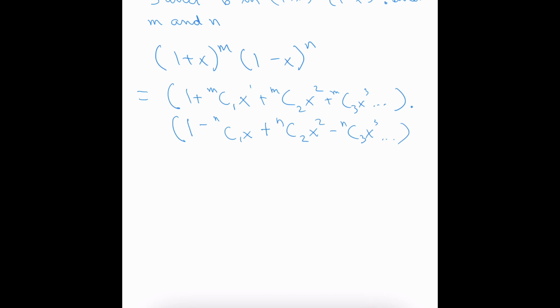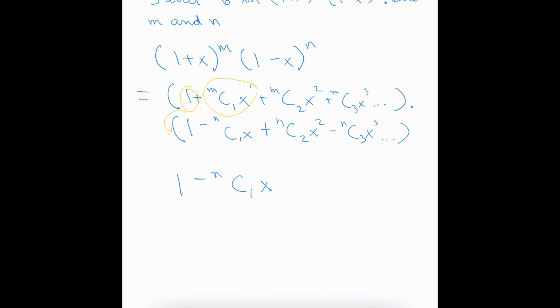We can basically see what x in this will be, so let's try to multiply. We take 1 here and multiply it over here. So this will be 1 minus nC1 x; if we multiply further, we'll get higher power terms. Now we take mC1 x and multiply here.